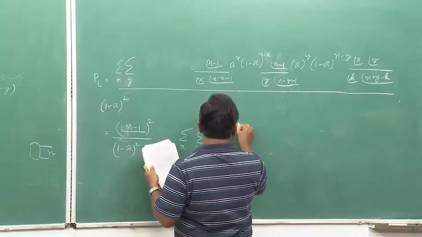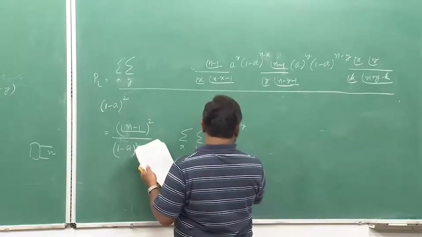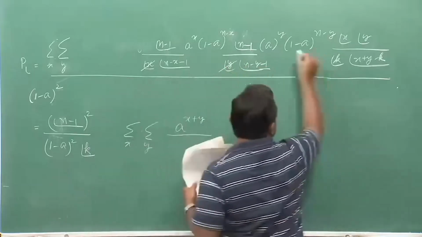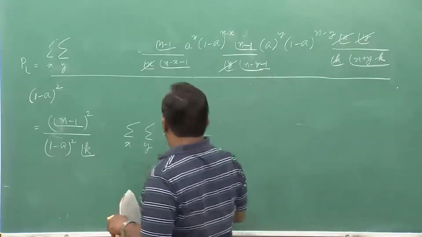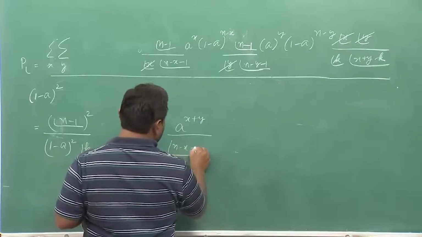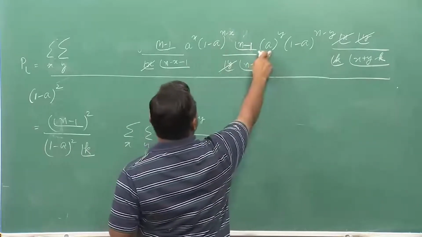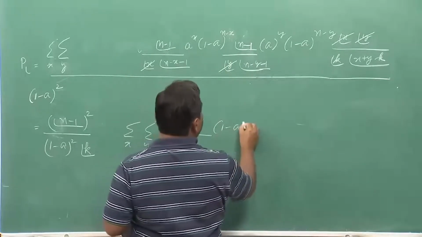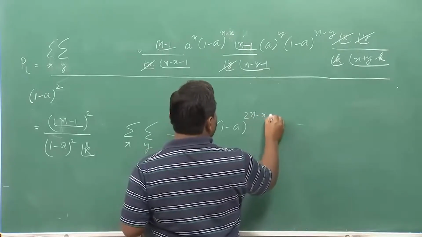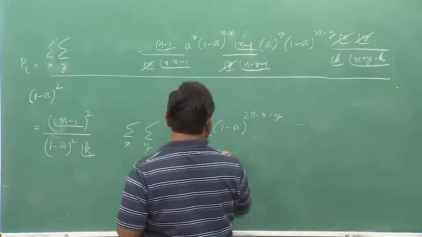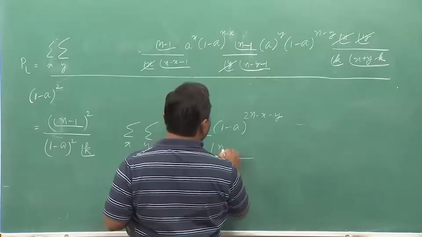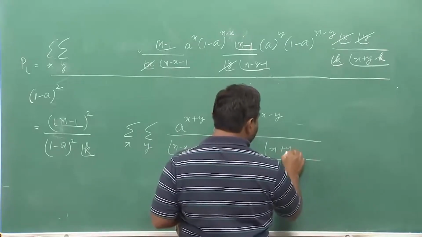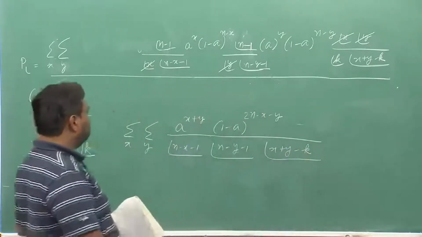So, I will have a raised to power x plus y. The x factorial and y factorial will cancel from here, so these will not be there. These have gone out, and that is what we are left with.